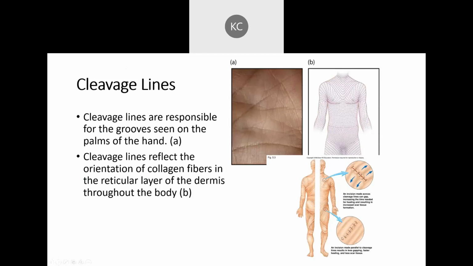If you make the incision parallel to it, there's not that opposing tension trying to open up the incision. So incisions or cuts that are parallel to the cleavage lines typically heal better, with less scar tissue, less noticeable scarring, and faster, whereas incisions made perpendicular to it tend to produce more scar tissue and may take longer to heal.